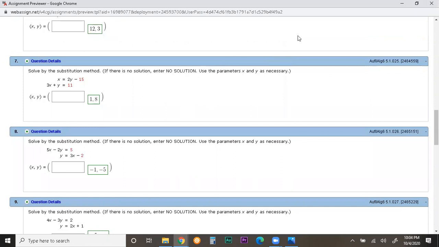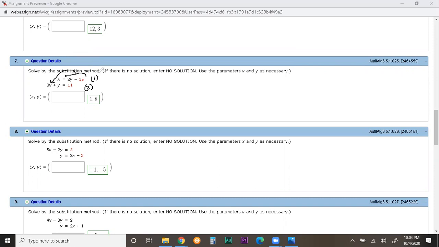So the first thing you want to do, pay attention to the one that's solved for the variable. This first one is solved for x, so that means that we're going to plug what it says that x equals. We're going to plug that in for this x right here in that second equation. So it does help to number your equations.